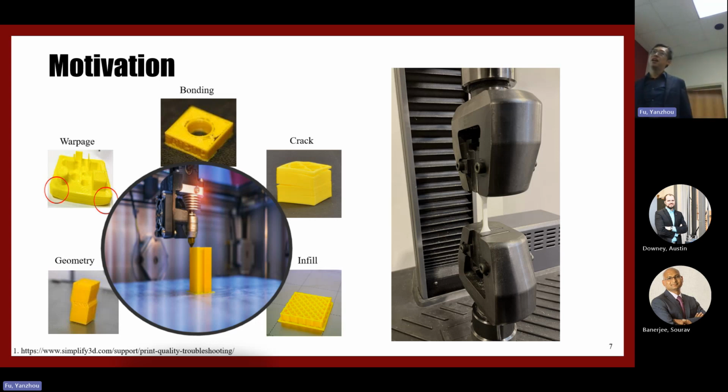Some defects have significant impact on the final product's structural quality, like the bonding gap or the layer crack. Therefore, it is essential to develop a structural quality validation system to guarantee the whole printing product's quality.